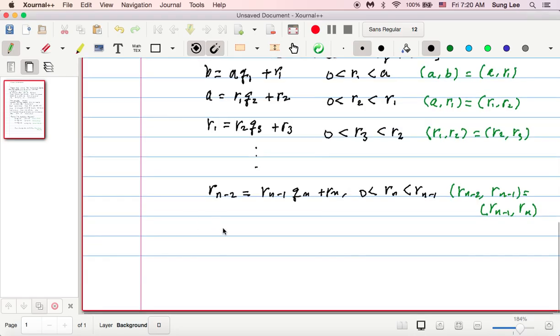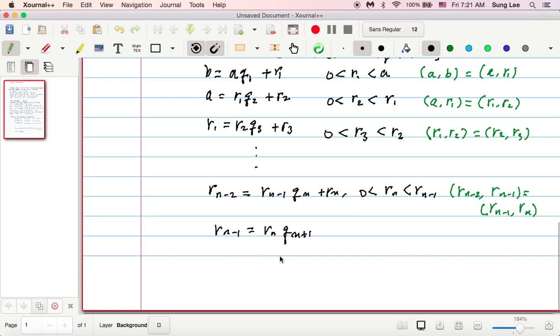Now, let's say that for the next step, you divide r sub n minus 1 by r sub n. Then there are two integers, q sub n plus 1 and r sub n plus 1, but let's say that r sub n plus 1 happens to be 0. Then this is where the Euclidean algorithm terminates.